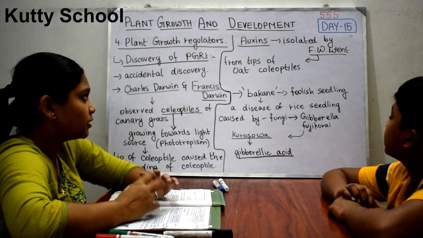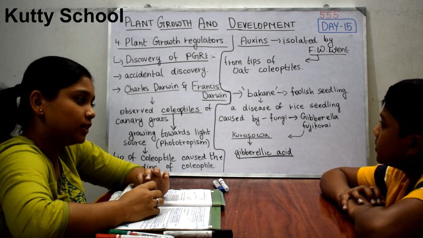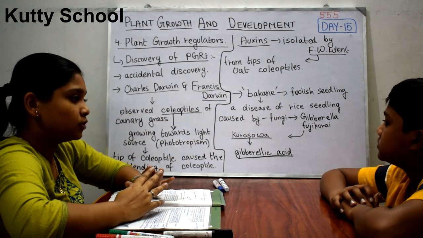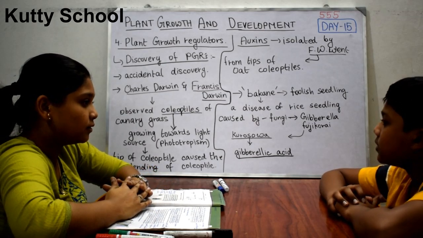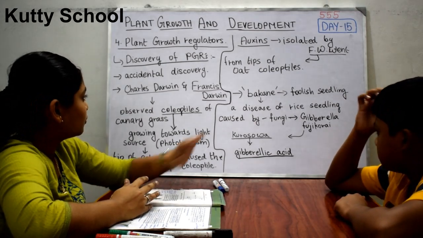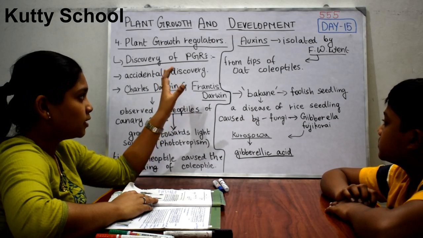He first isolated auxins from the tip of the coleoptiles of oat seedlings, oat plants. These auxins are nothing but indole 3-acetic acid, and these are indole derivatives. So these were first found by Charles Darwin and Francis Darwin, and isolated by F.W. Went.